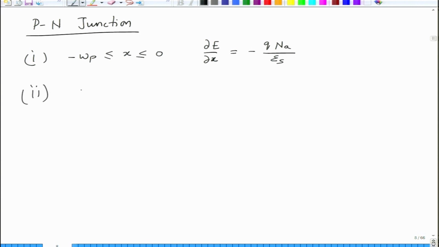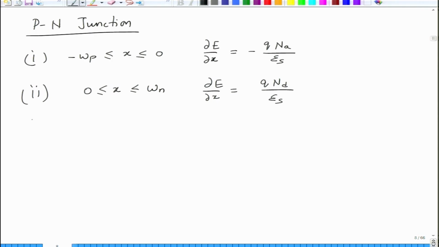For the region on the n side, x between 0 and Wn, it would be del E upon del x being equal to q N D divided by epsilon S, by the same analogy, right. On one side you have positive charges, on the other side you have negative charges.